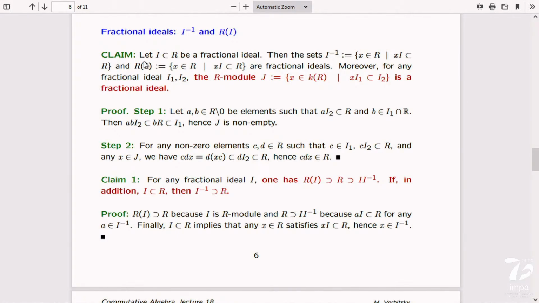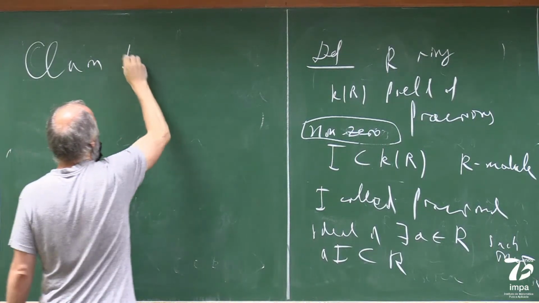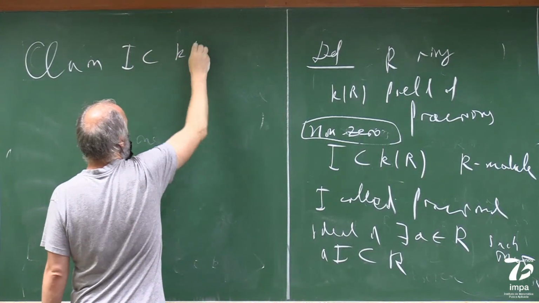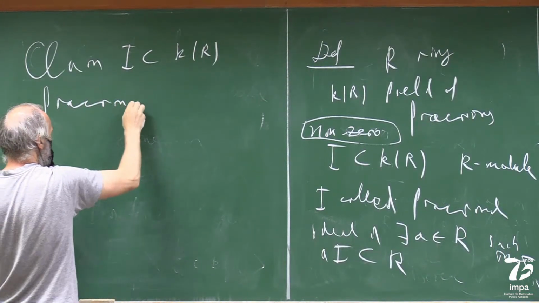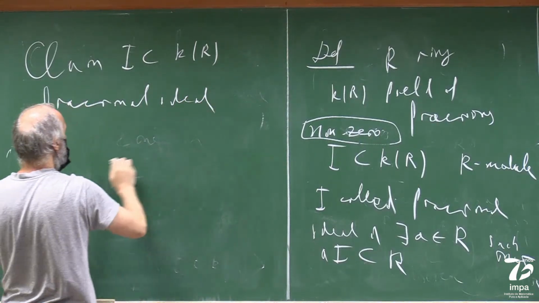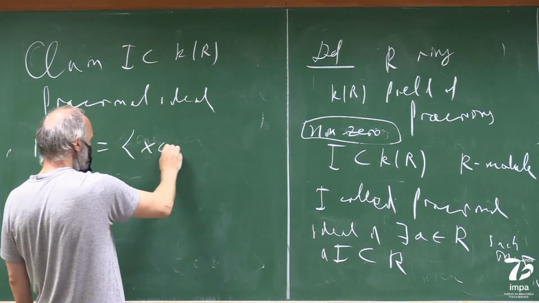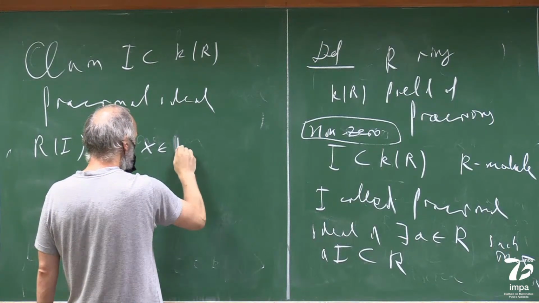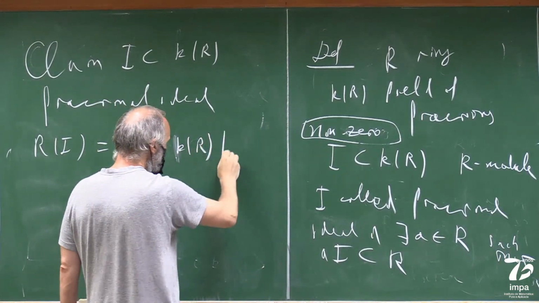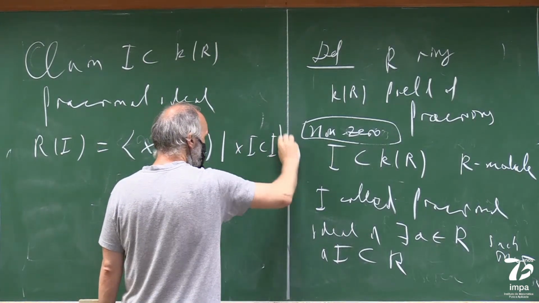So, claim: you have I inside K of R a fractional ideal. And define R of I as the set of all x inside K of R such that xI sits in I. This is actually a ring.